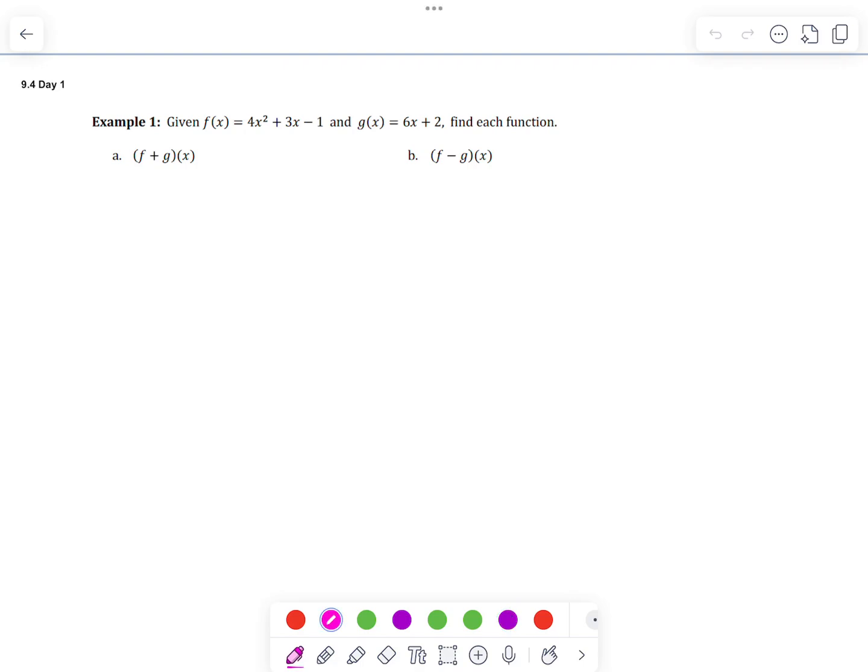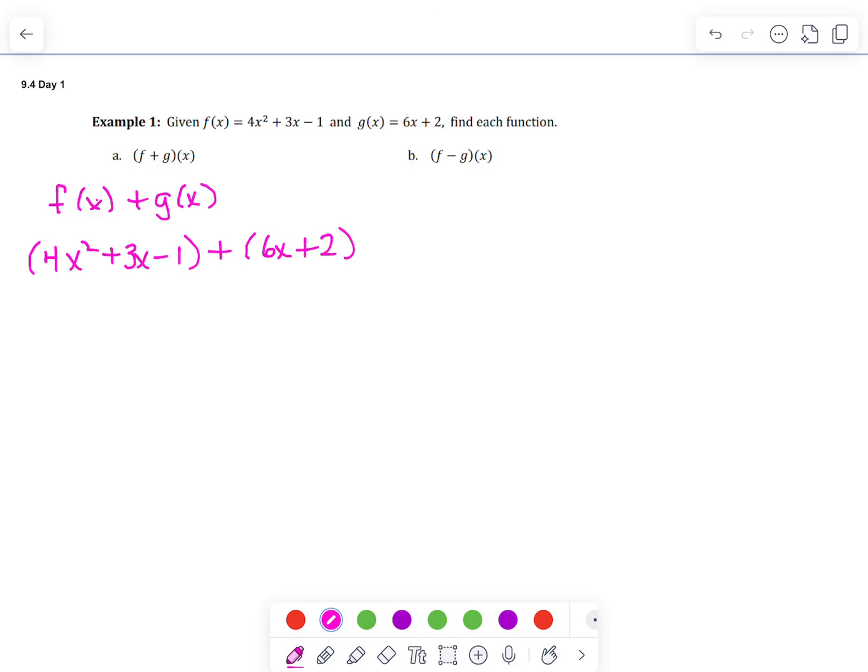So the first one is saying we want to add f plus g. So we're going to take f of x plus g of x. So we're going to replace 4x squared plus 3x minus 1 plus 6x plus 2. So we get our two polynomials that we're going to combine together.